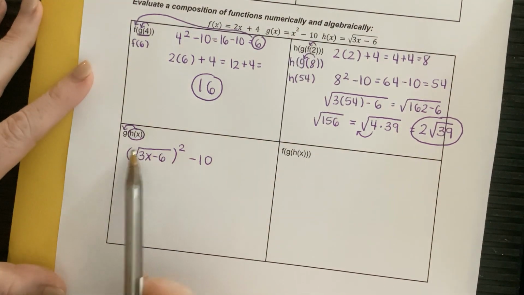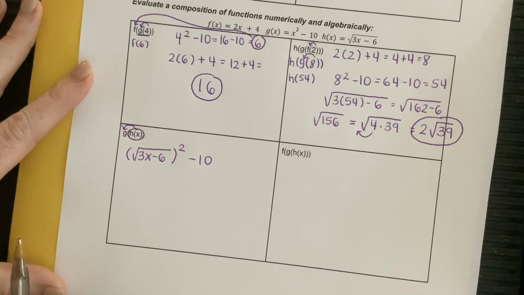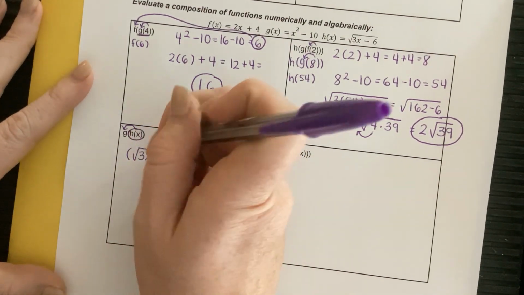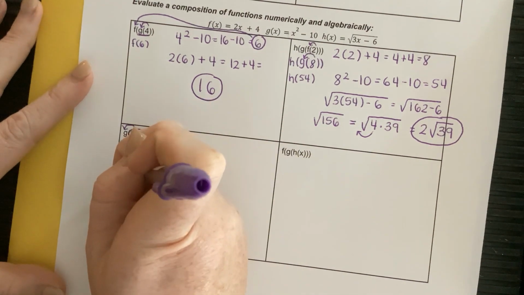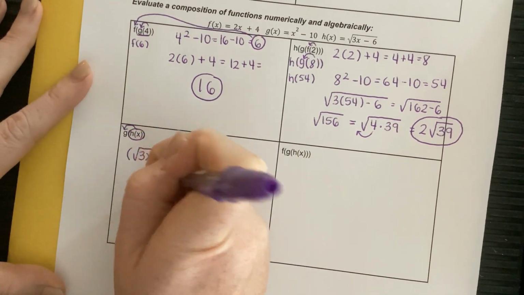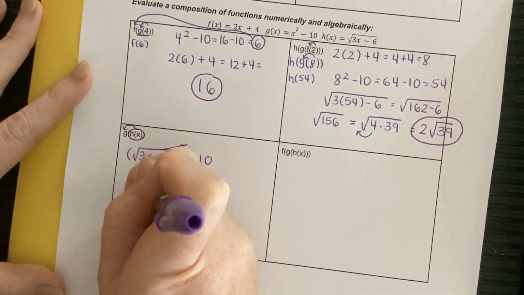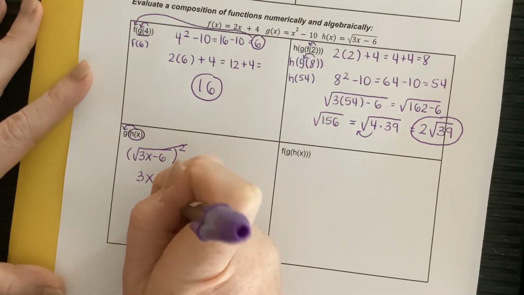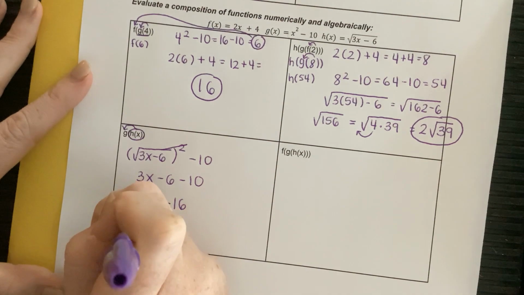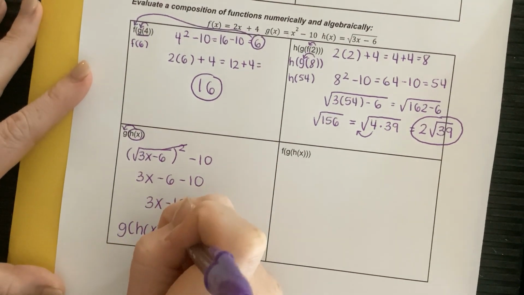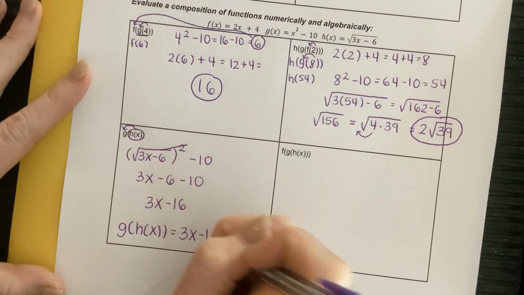So that means this whole expression needs to be squared. Now I need to start to break it down. If I have a square root being squared, those things are going to cancel, and it's going to be 3x minus 6 minus 10, which is going to give me 3x minus 16. So g of h of x is equal to 3x minus 16.